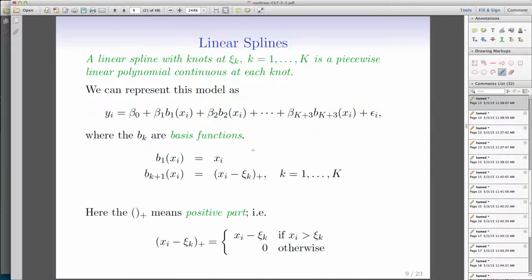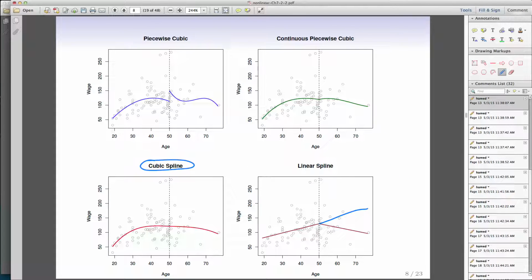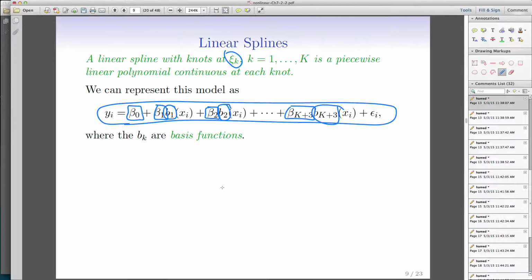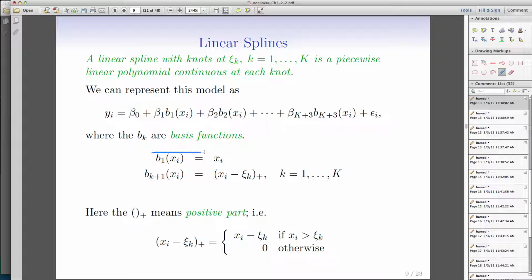So the basis functions look like this. On a simple linear spline, when you only work with lines, your base function is only a simple one-to-one relationship from xi to xi. So that is b1.